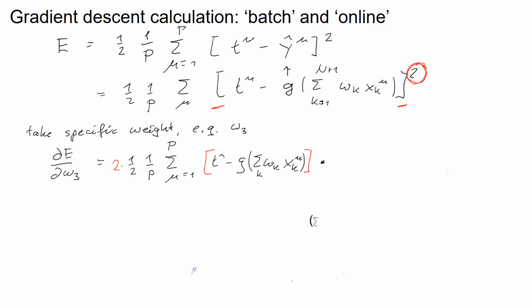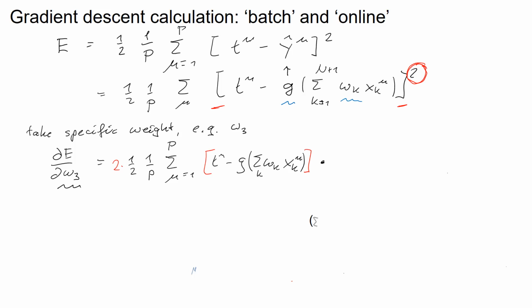And now I have to take the derivative of what's inside the red brackets, so what's inside here, with respect to w3. I'm interested in w3. So where does w3 appear? Well, it would appear here. But that's inside this function g.